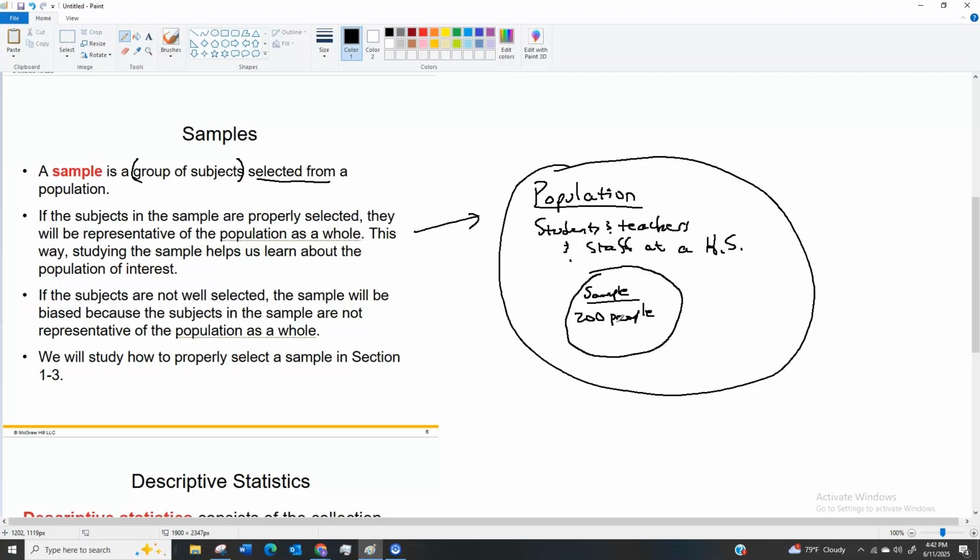Then let's say you find out that 10 of the 200 people had red hair. If you determine that 10 out of the 200 people had red hair, that's 5% of the sample.